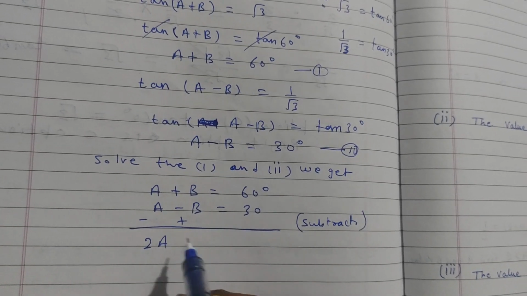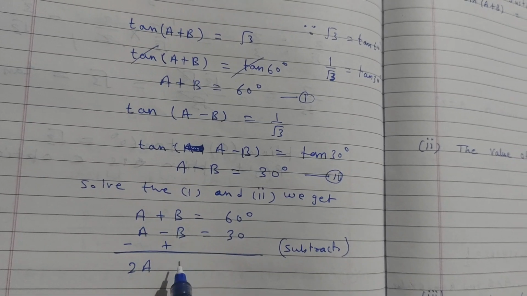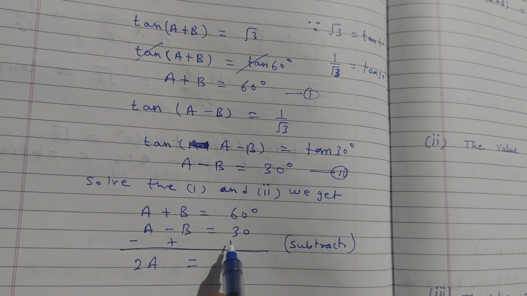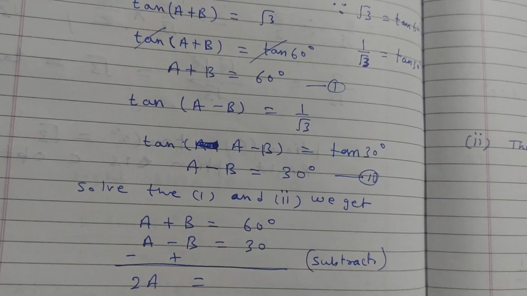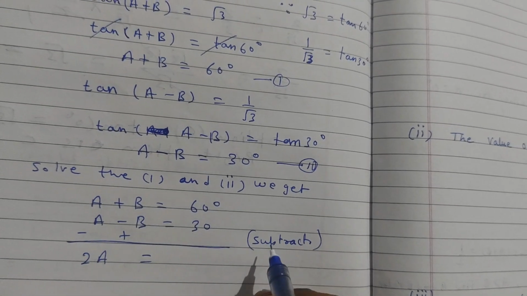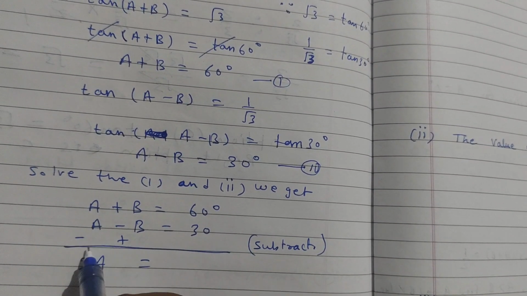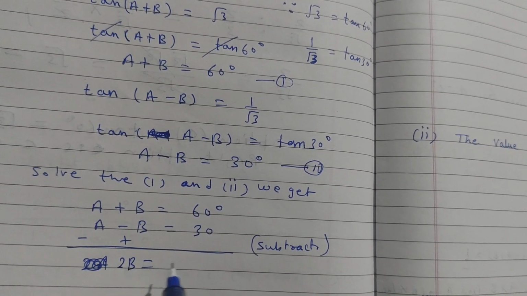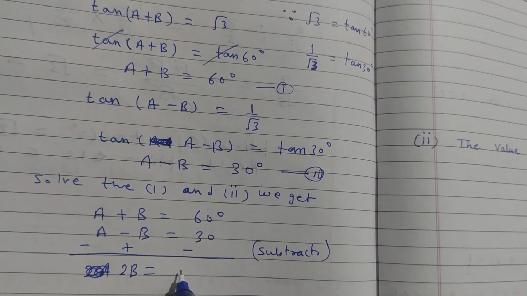Here 2A cancels and 60... we subtract, this cancels and here 2B, and 60 minus 30 degrees.